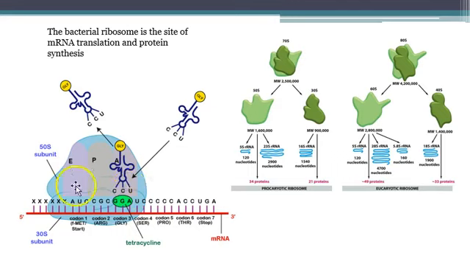Here's the bacterial ribosome, and here's the site of mRNA translation and protein synthesis. What these drugs do is they have specificity to either the 50S or the 30S ribosomal subunit, and basically interfere with the ability of these two protein pieces to fit into this conglomerate.